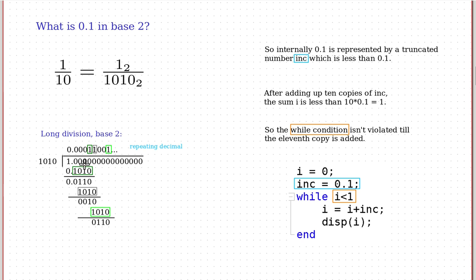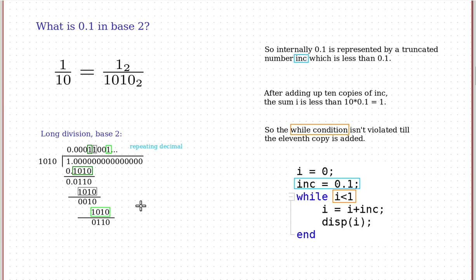We can't bring in one factor of 1010 until we get to the 4th decimal place. Okay, so we get 1010, we subtract, we're left with 00110. Then we have to go down another decimal place, we can bring in another factor of 1010, and you subtract and you get this.